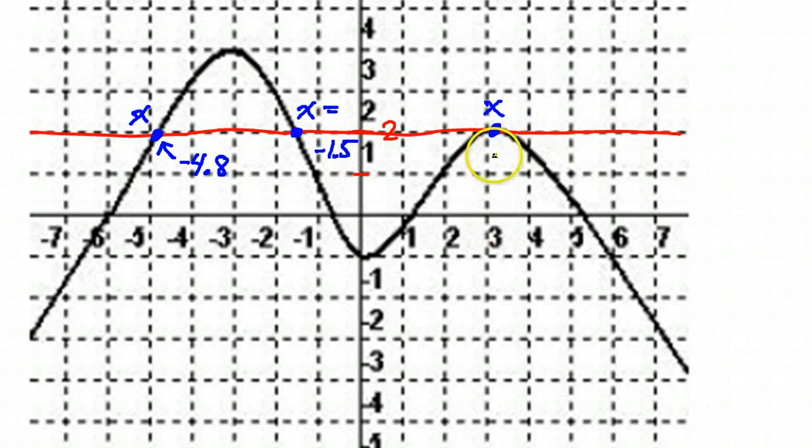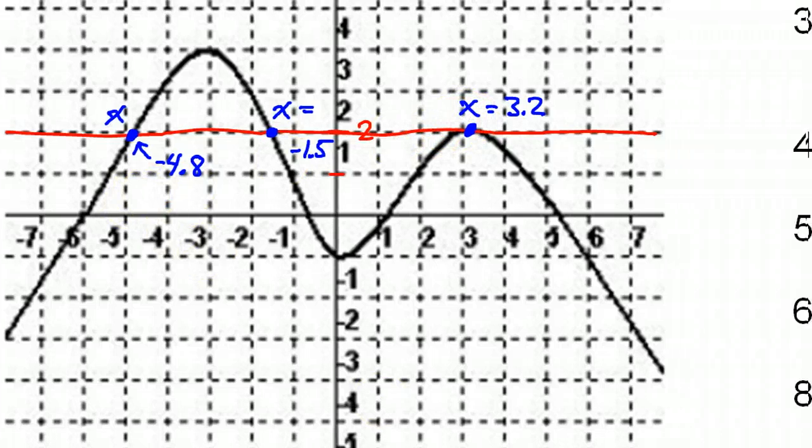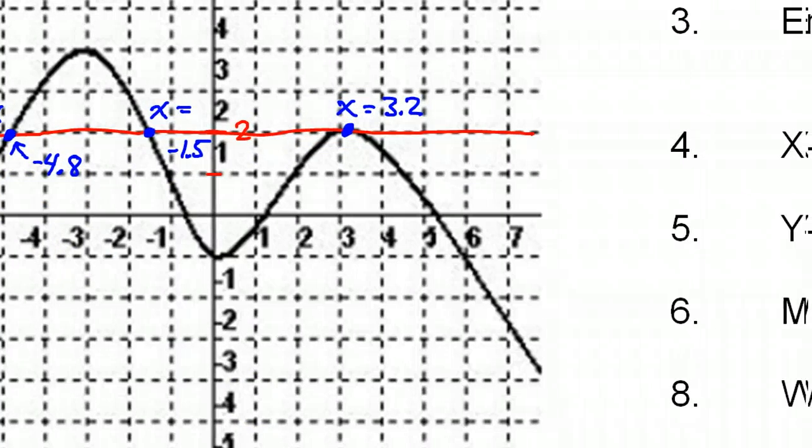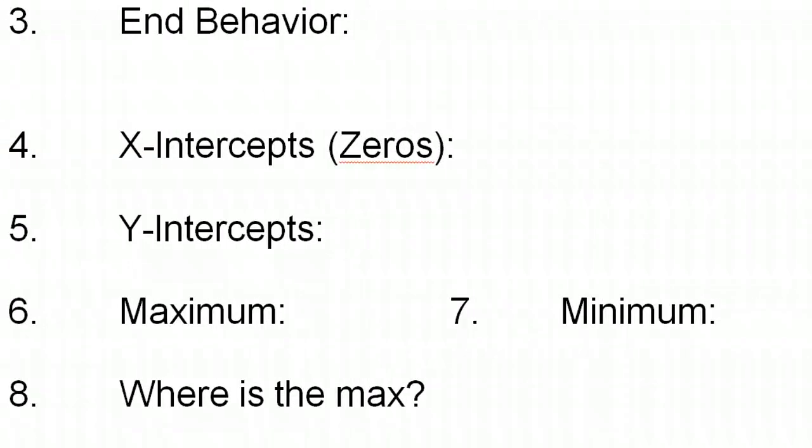And this one seems to be about 3.2. These are estimates, so your decimals could be a little bit different and still be okay. But I'm just going to copy that down. So -4.8, -1.5.